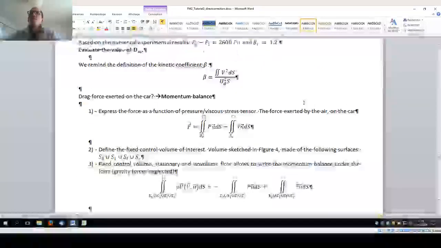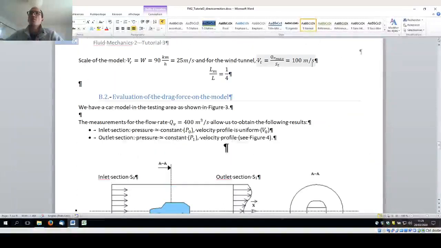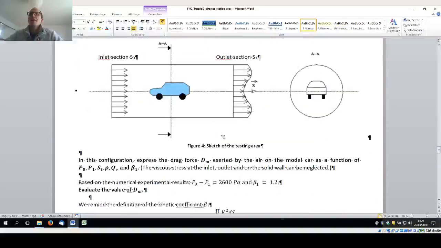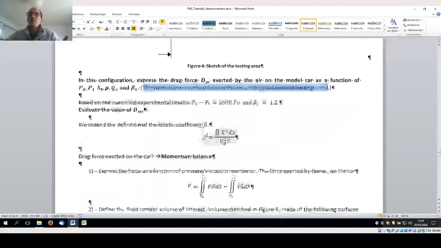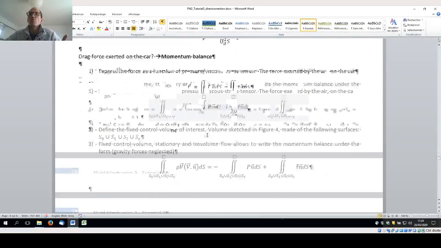What is said in the subject is that the viscous stress at inlet, outlet and on solid wall can be neglected. So here it's provided explicitly that in the inlet and outlet sections and on solid wall on the outside, we can neglect the viscous stresses.